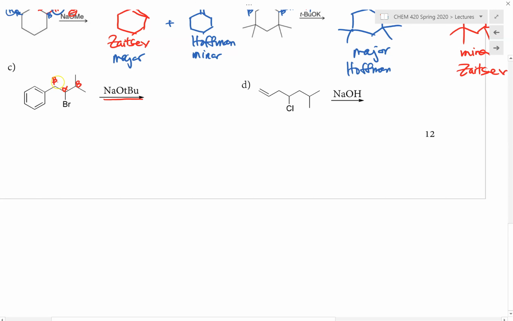So the base can come in to either pick up this hydrogen or this hydrogen in here. And now the double bond will form between this alpha and beta carbon or between this alpha and this beta position. Let's draw both of the products. Let's draw the two products first before we determine which product would be major and which one would be minor.